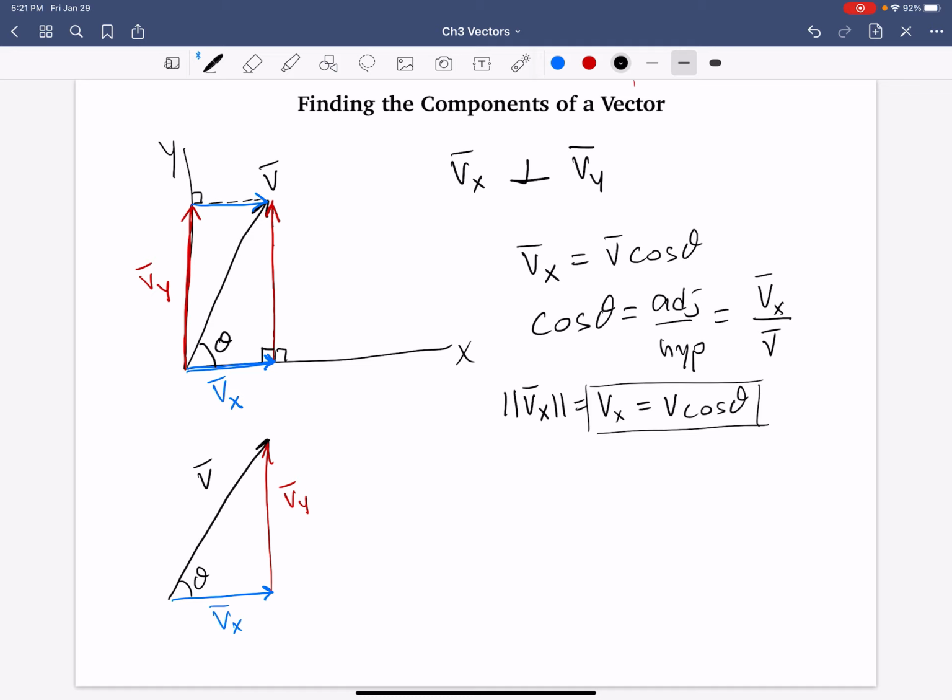Let's do the same thing for Vy. We've defined cosine. Let's define sine and see what happens. Sine, with respect to our angle here, is always the opposite over the hypotenuse. The opposite to theta is Vy, and the hypotenuse is V. So the opposite is the vector Vy over the regular vector V. Now just solve for Vy by multiplying both sides by V, and we have the following.